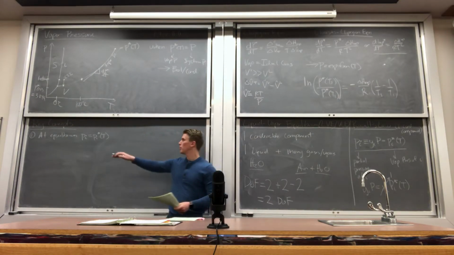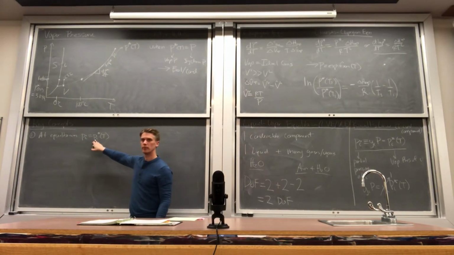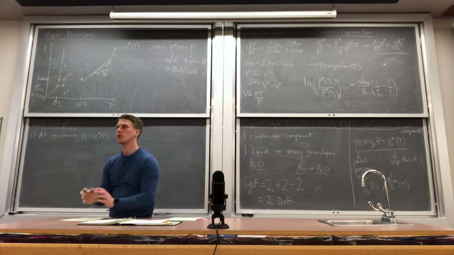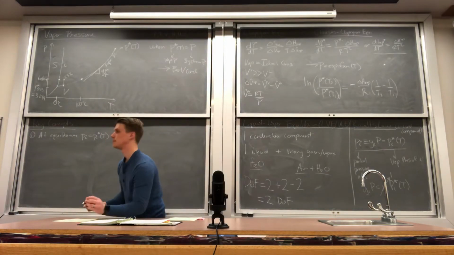So at equilibrium, the partial pressure of a particular component is equal to its vapor pressure. So that's how we know that, for example, if we're at about 100 kilopascals atmospheric pressure, if water has a vapor pressure of about 3 kilopascals, then 3 over 100 gives us its mole fraction, right?